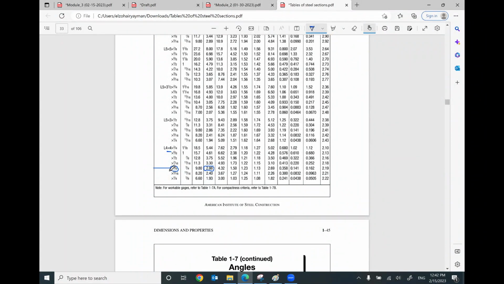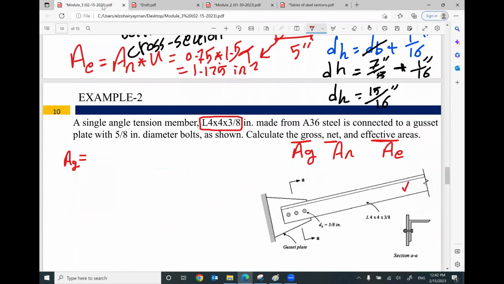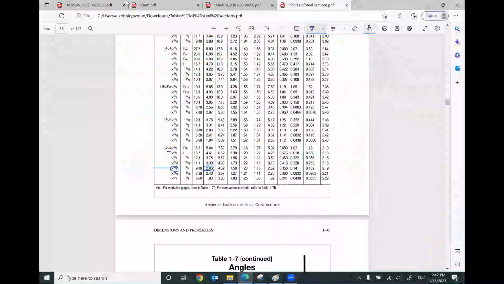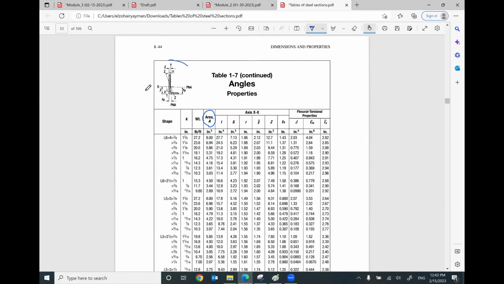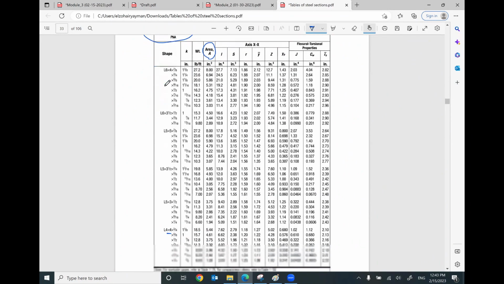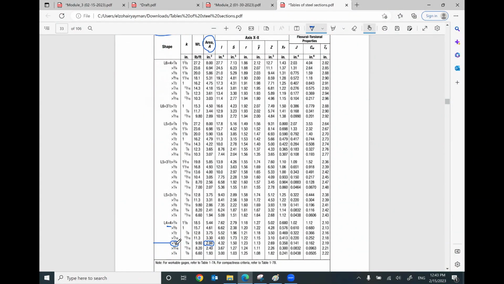So your angle 4 by 4 by 3/8 has area gross equal to 2.86 inches square from the table. You need only to open the table for angles and look for the name of your angle, 4 by 4 by 3/8.